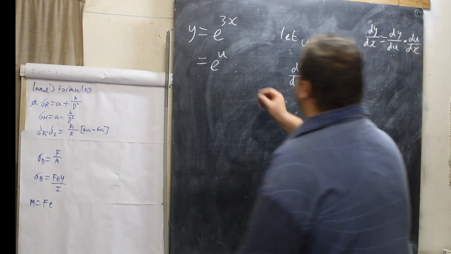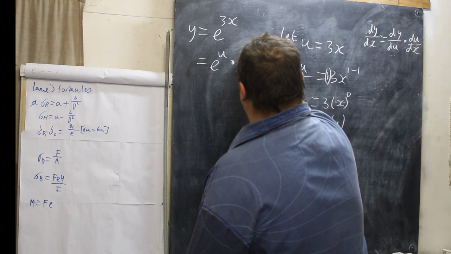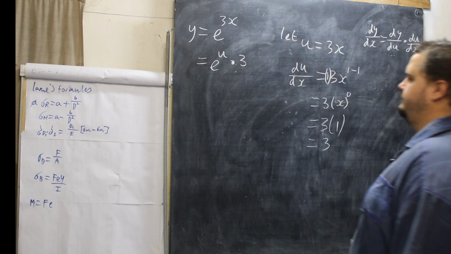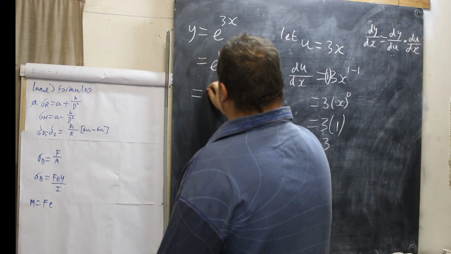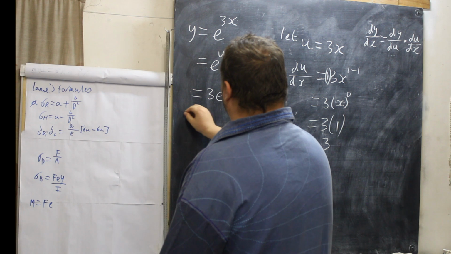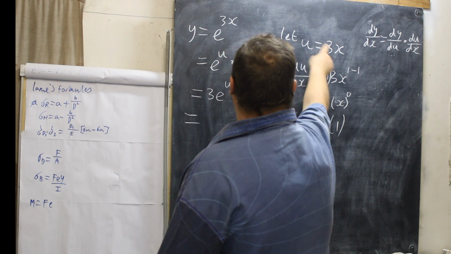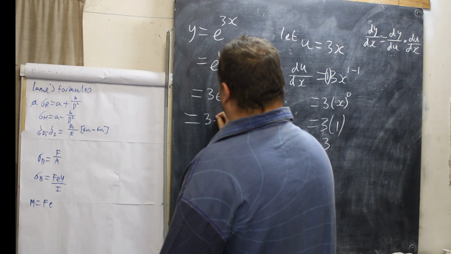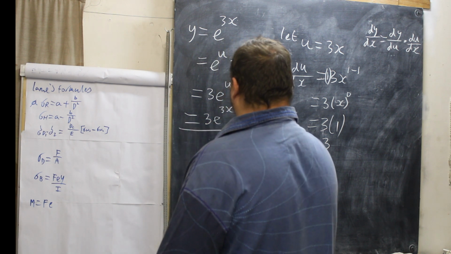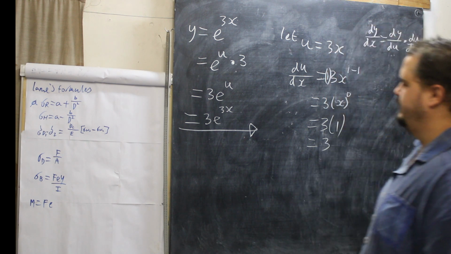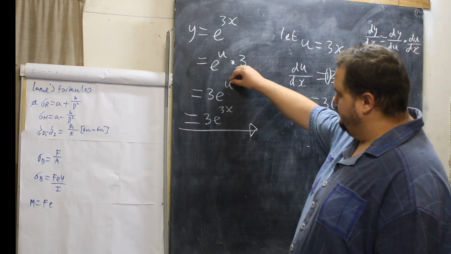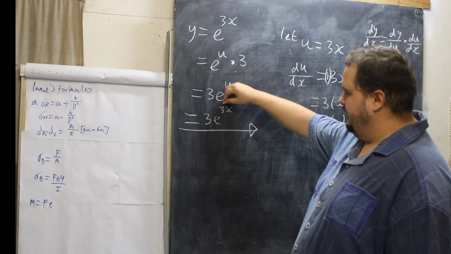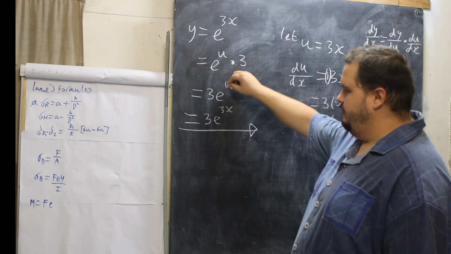Now what we do is we multiply this by 3. So now what we are left with is 3e to the u. Now we replace u with 3x. So 3e to the 3x. And that is how we do this particular one, because e does not change when you differentiate. E does not change, but 3x does change, but e to the u does not change.